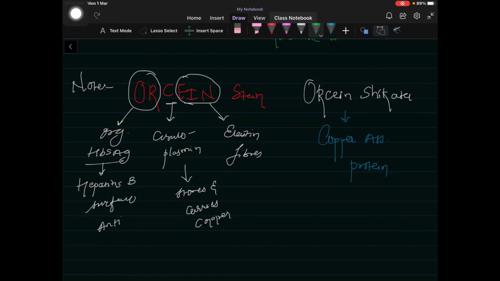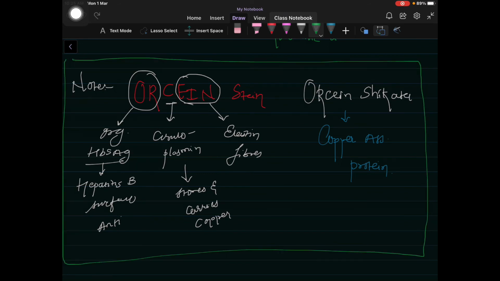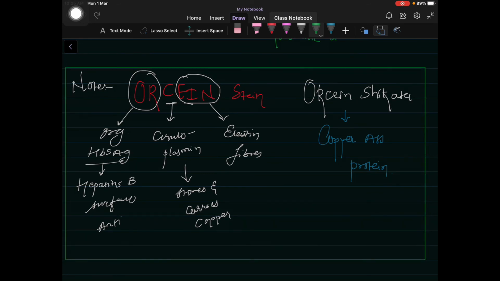So many students make a mistake here, that they think the Orcein cicata and the Orcein stain are not different. So make sure that Orcein cicata is the copper associated protein, whereas Orcein stain is the stain which is used to stain the copper.